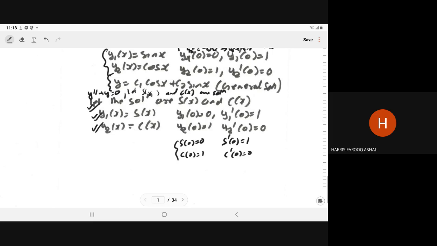Can we know the same nature for S(x) and C(x) from the given differential equation and the initial conditions? Let us see one by one.